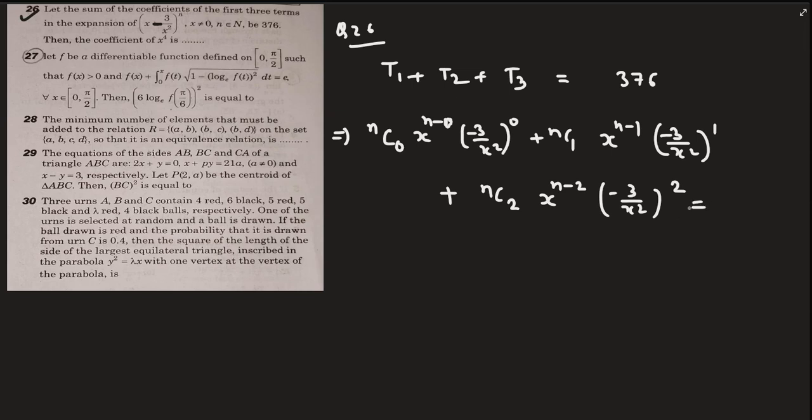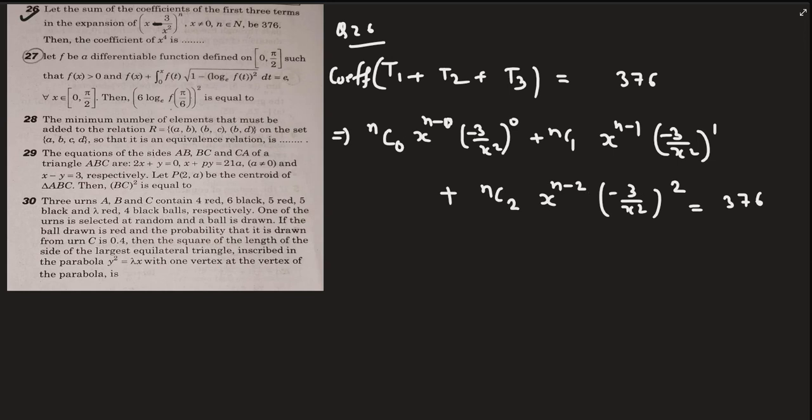Here you have to take only the coefficients, not the binomial coefficients, except the x value you have here. This summation is 376. So we have to consider only this 376, but we don't have any x value here.